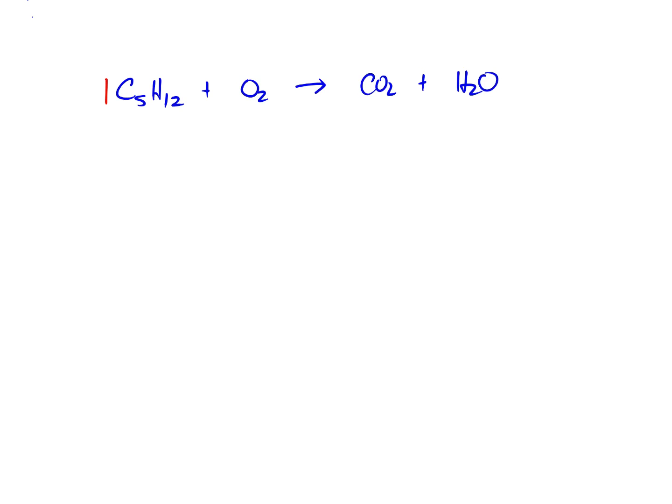Let's see if we can balance this easily. So I'll put a 1 there, a 5, a 6, and then for the oxygens, let's see, we have 10 oxygen, 6 oxygen, so we need 16 over here, so an 8. All right, so that one was pretty easy to balance. Now, as far as talking about the moles of something, we can read this equation in some different ways.